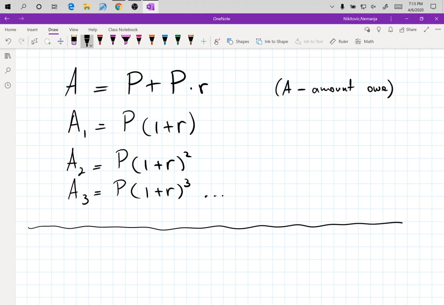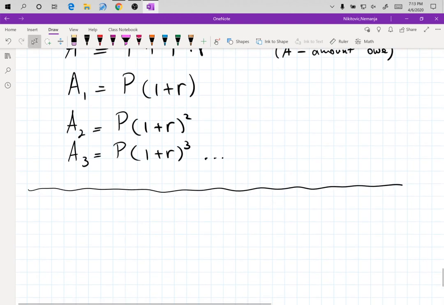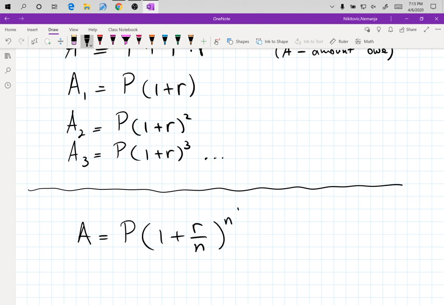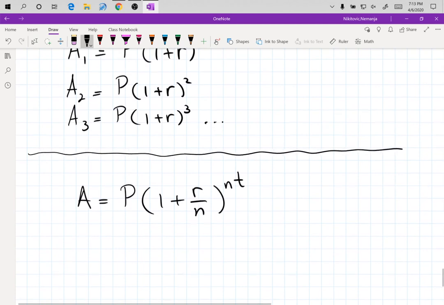So now what's happening there is we are able to create a formula, right, for this. I'm going to write it and then explain it. There we go. You have the formula now, which is called the compound interest.